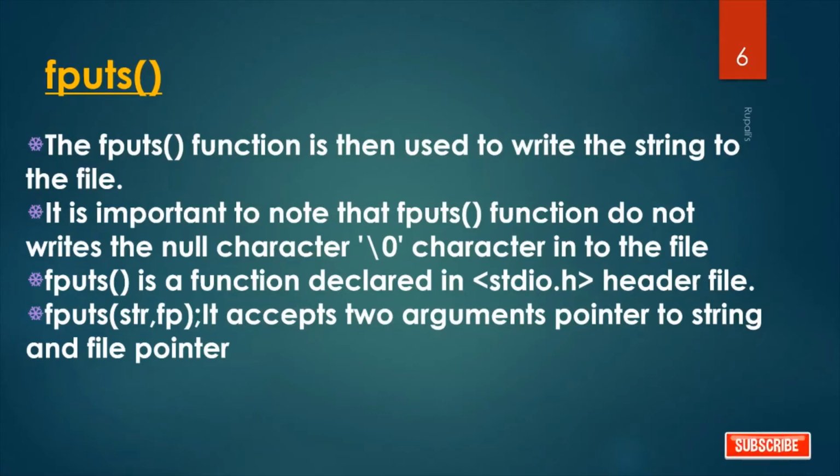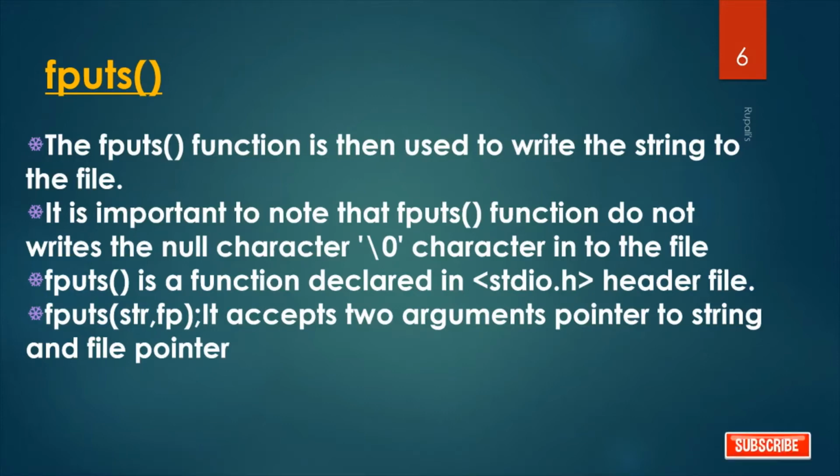Now we learn the fputs function. The fputs function is used to write a string to the file, just the opposite of fgets. The counterpart of fgets is the fputs function. It is important to note that the fputs function does not write the null character, that is the \0 character, into the file.